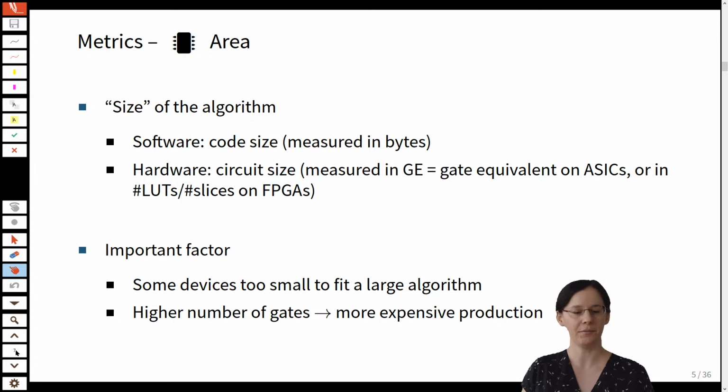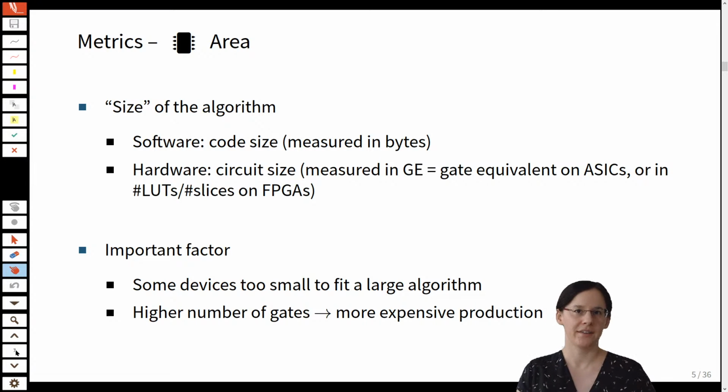By area, we mean in some sense the size of the algorithm, which can be either in software, the code size, so the machine code size measured in bytes, or if we look at hardware, at ASICs, it's the size of the circuit. So this is the number of logic gates that we need to implement the cipher, measured in gate equivalents or kilogate equivalents.